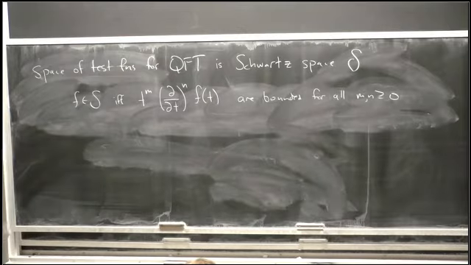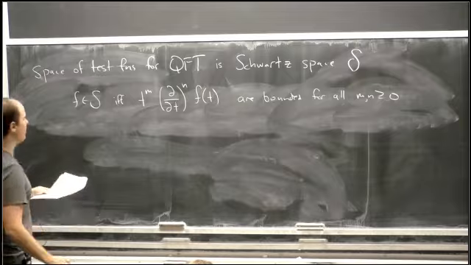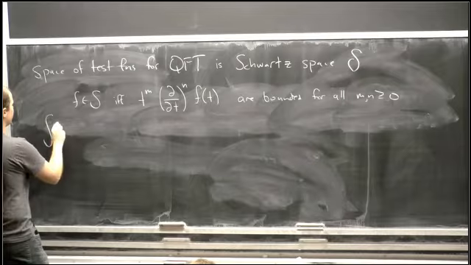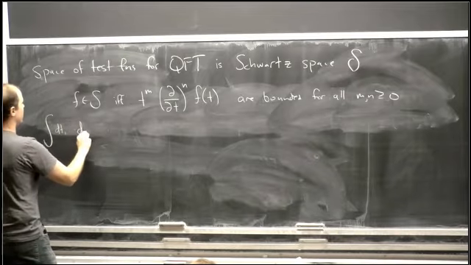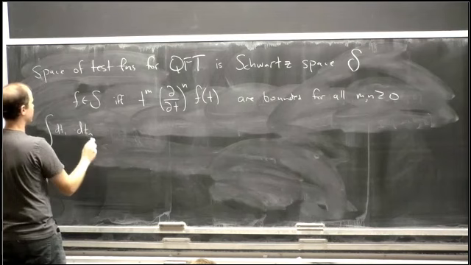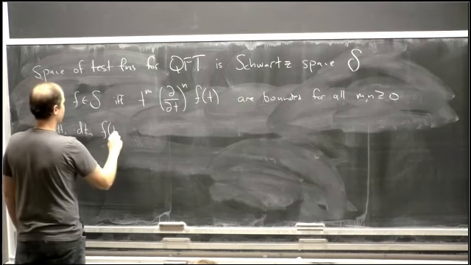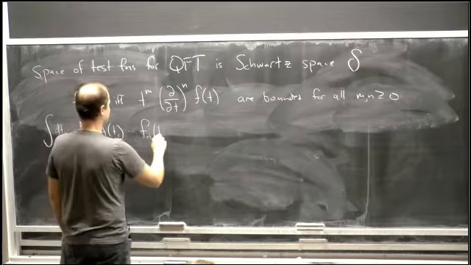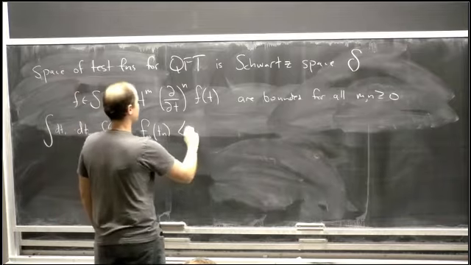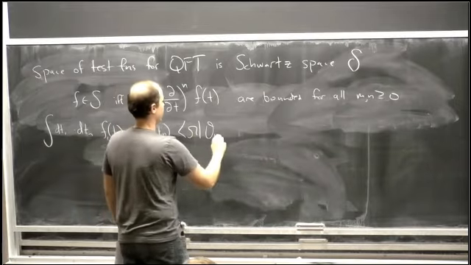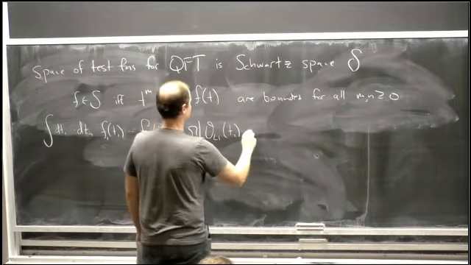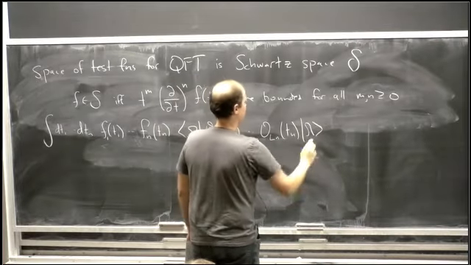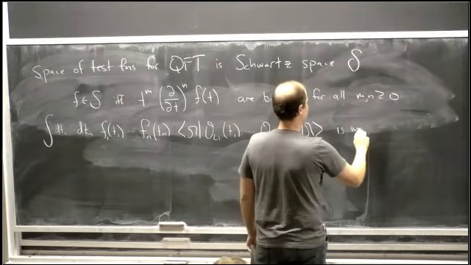And so the claim is that in order to get something sensible out of a Lorentzian correlator, what you need to do is integrate it against Schwartz test functions. And from now on, I'll use the term Schwartz function and test function interchangeably. So the claim is that this thing is well defined.